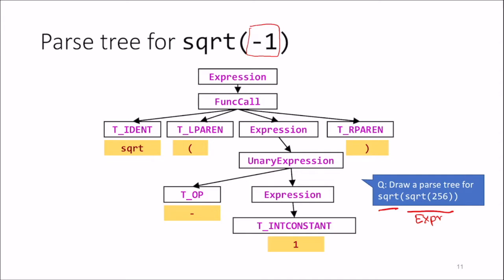So I'll give you a small hint here. You can see that the expression node in this parse tree occurs in 2 places, actually 3 places.